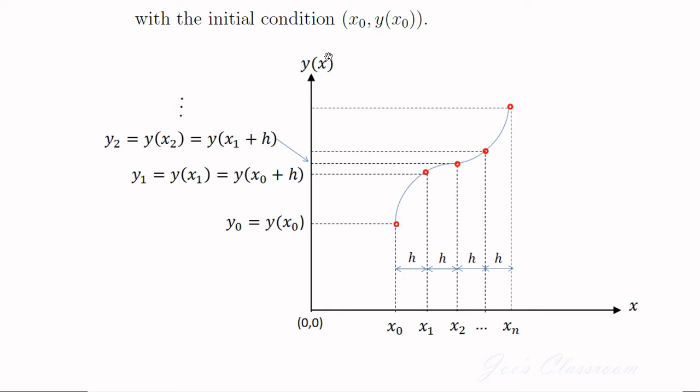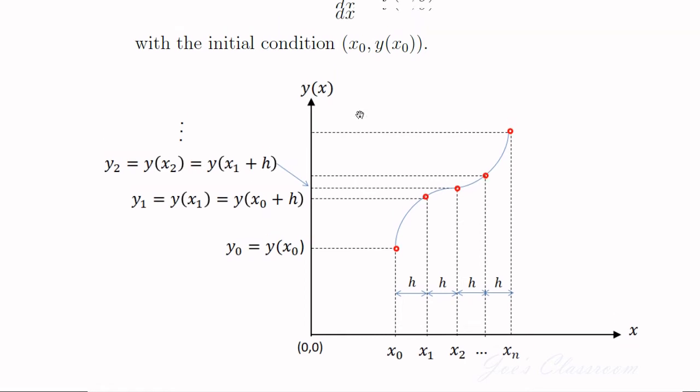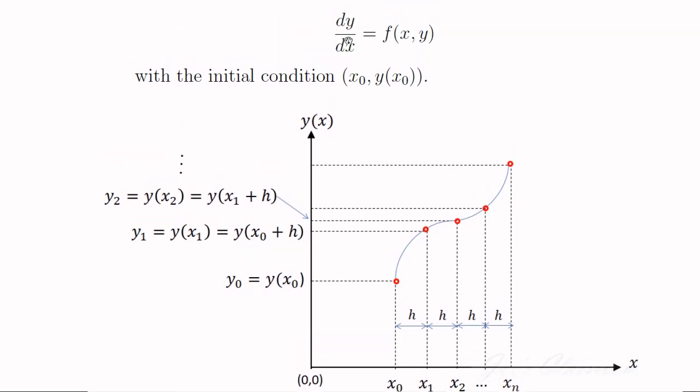If this y of x is differentiated once, you will get a first order differential equation. The first order differential equation will be of the form dy by dx is equal to f of x comma y. That is, this also is going to be a function of x and y. We represent that function as f of x comma y.